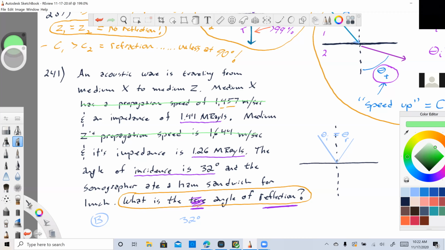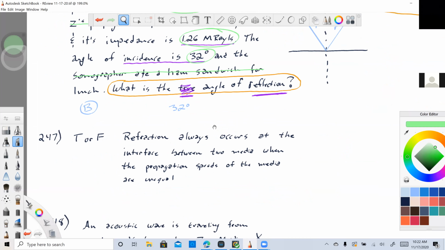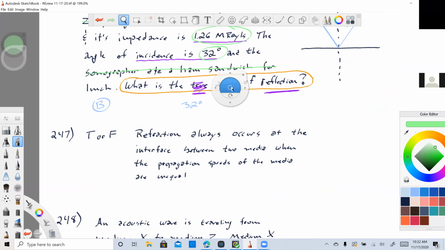Propagation speed and ham sandwich, those are all the unnecessary information. All we need to know is that there is a difference in rayls and that the incident angle is 32 degrees. We can answer that question. Hopefully this is helping you figure out how to work these out.